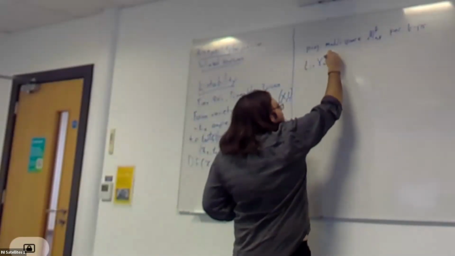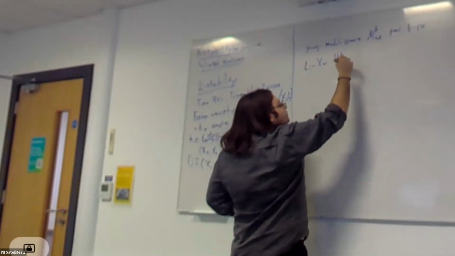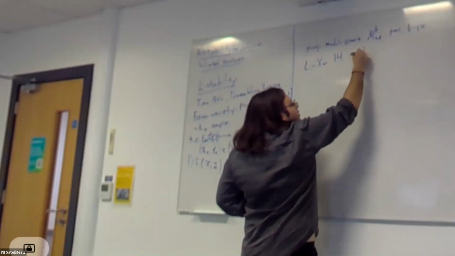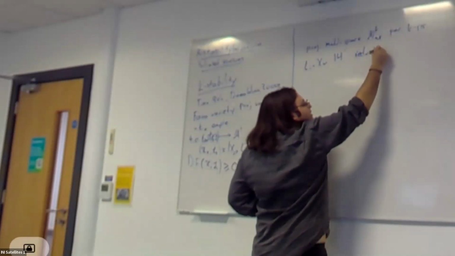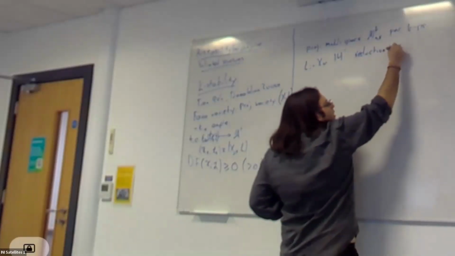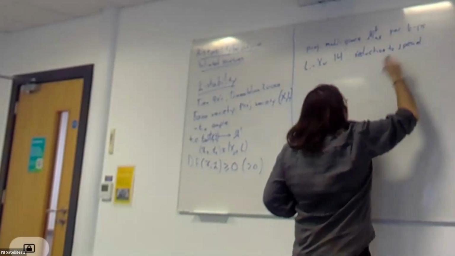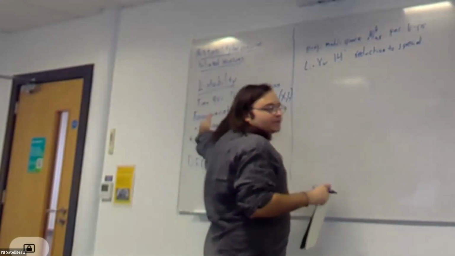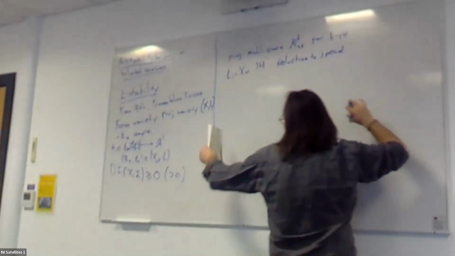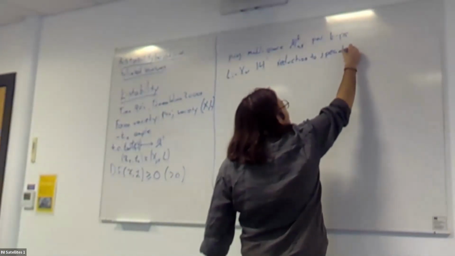So there are a few results. The first is by Li and Xu in 2014, which shows that there's a reduction to special test configurations. And special test configurations are important because the central fiber of a special test configuration is always irreducible, which is not necessarily true for any test configuration.